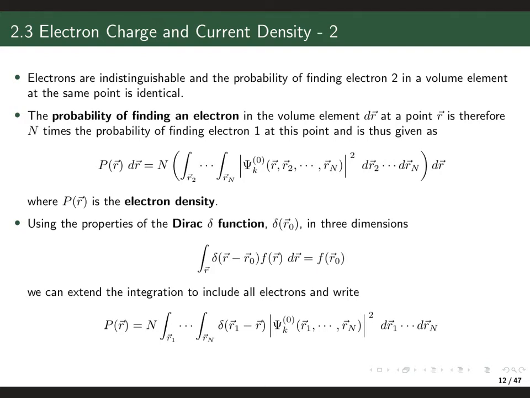I can now use this property of the Dirac delta function and extend my integrations here to include also the integration over electron 1, the first electron.